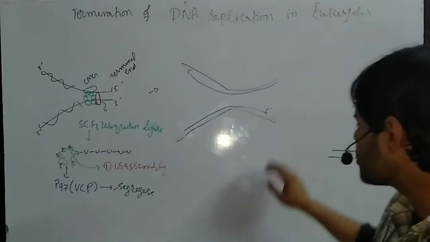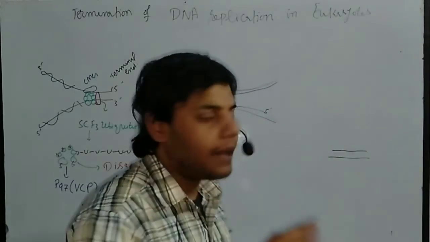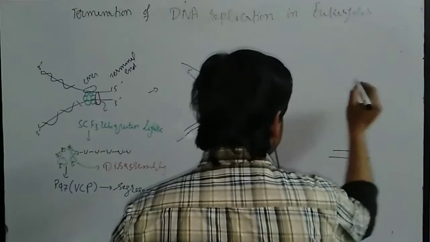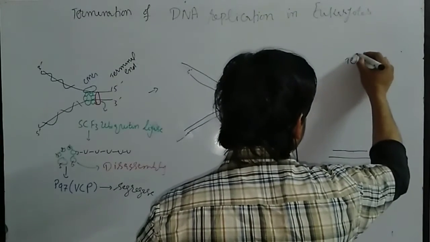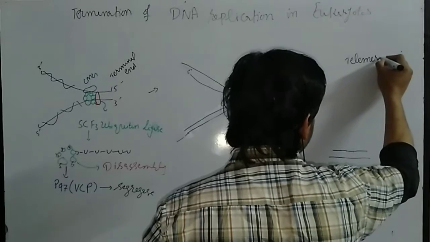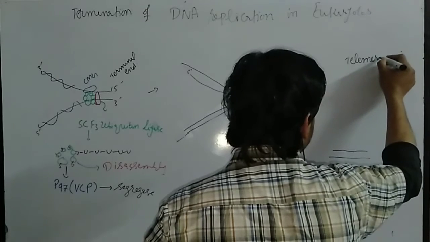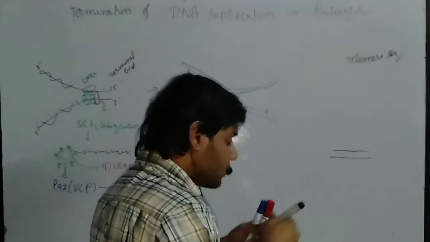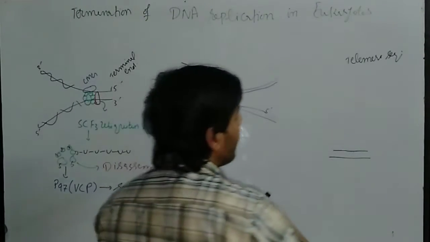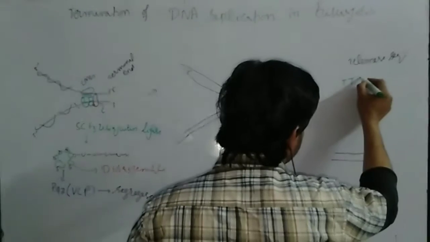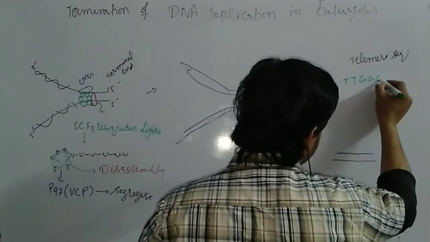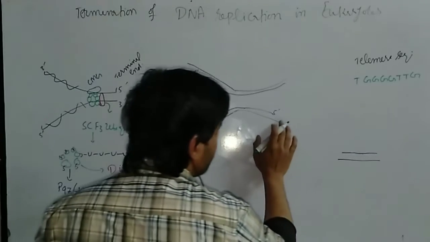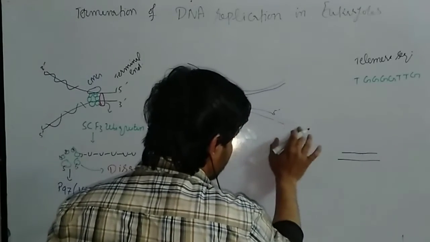At that specific position, there are some sequences which we call the telomere sequences. Try to remove the spelling mistake by yourself. Okay, telomere sequences. Now the telomere sequences are TTGGGG. These are the telomere sequences which are usually present at that specific point, as you can see.